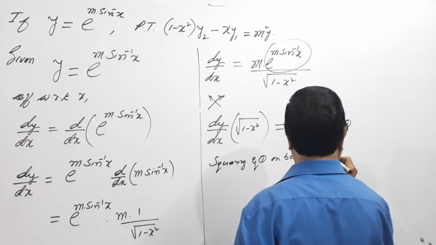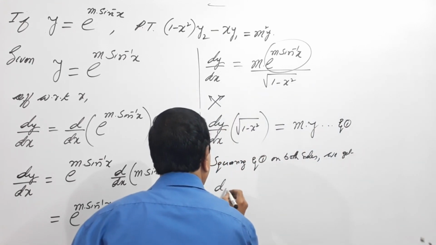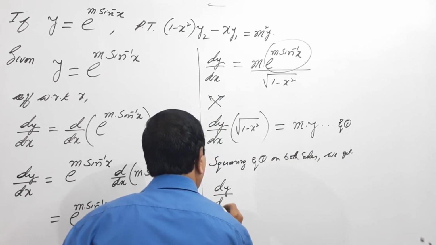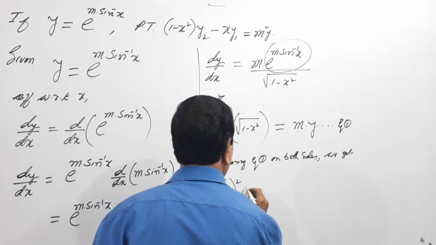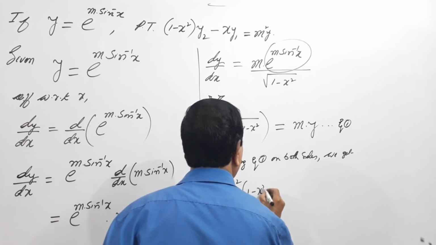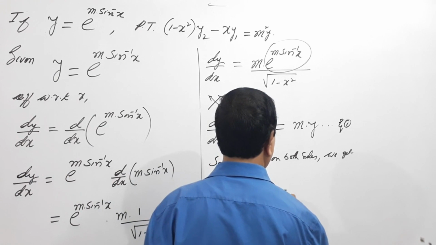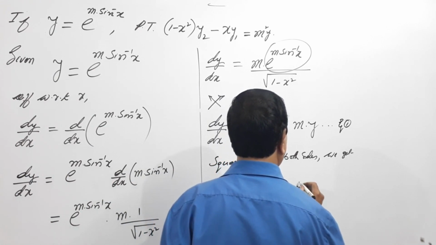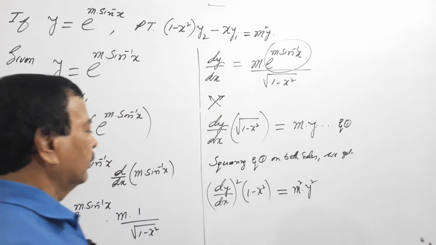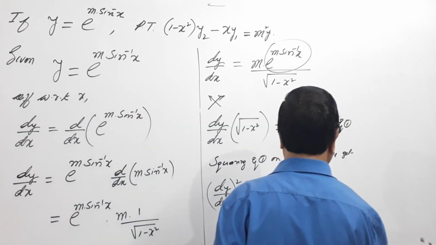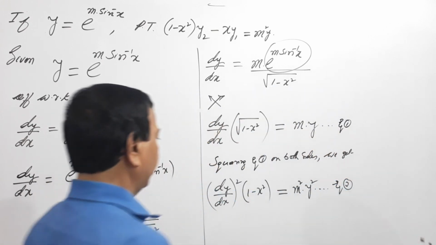What happens? We get dy by dx the whole square into 1 minus x square, and this becomes m square into y square. I call this equation 2.